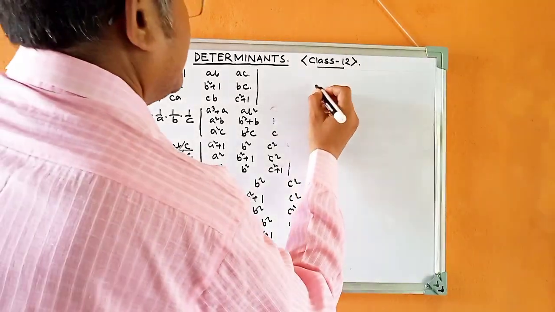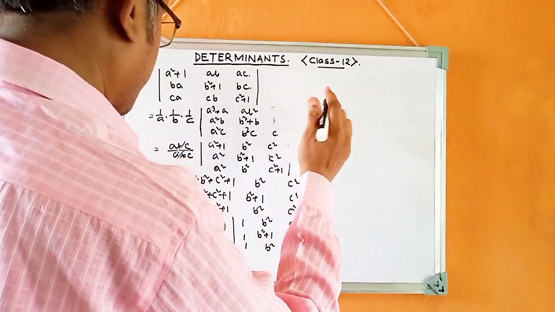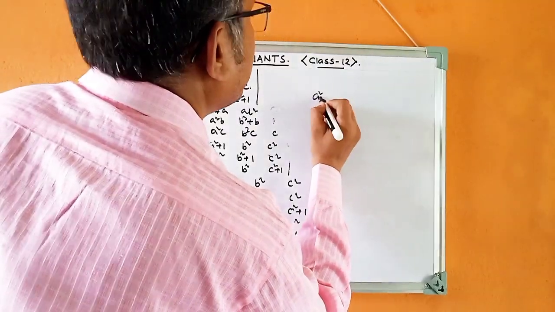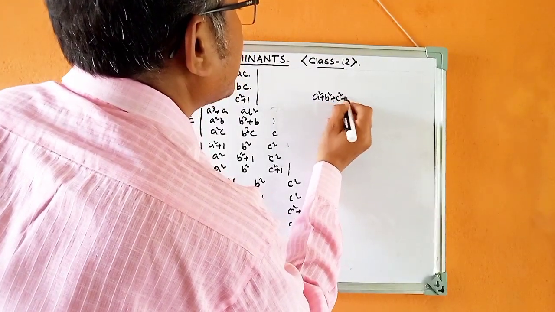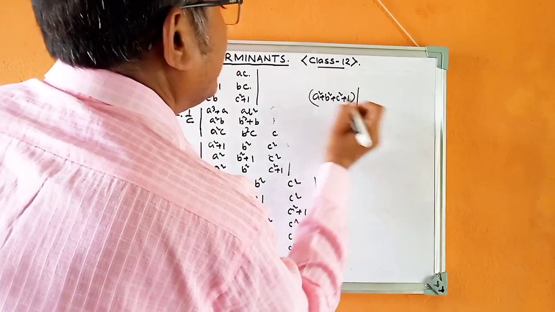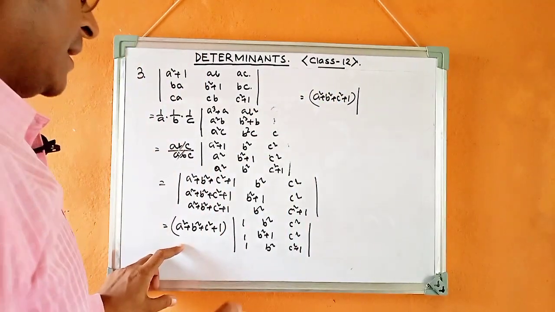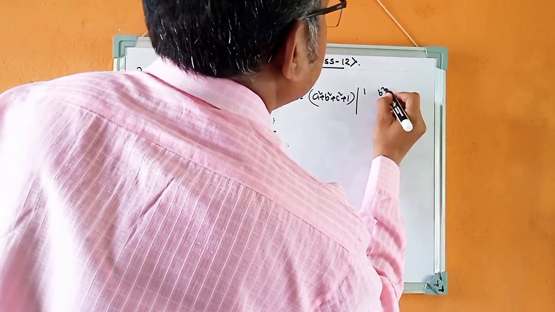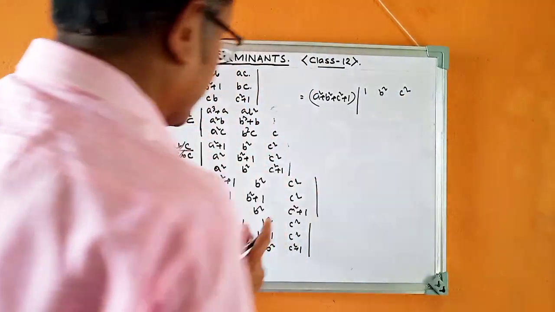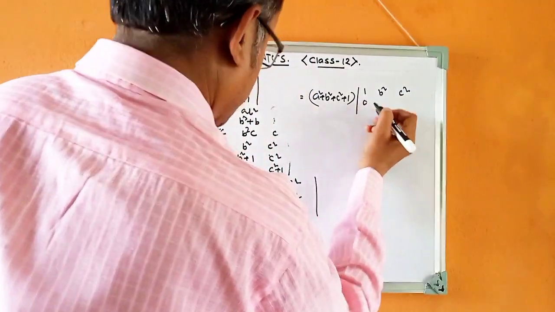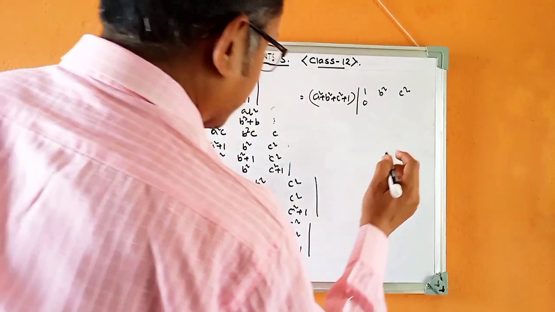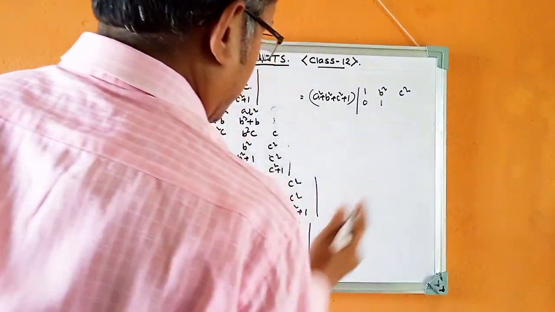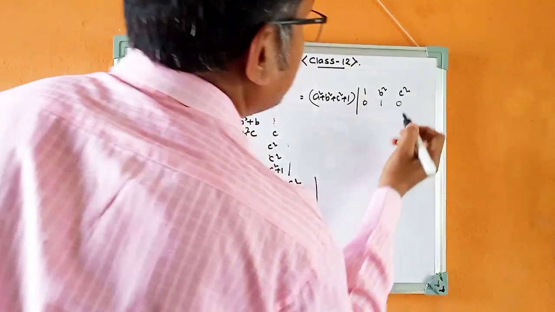See what happened. Row 1 is the same: 1, B square, C square. In row 2, 1 minus 1 is 0, B square plus 1 minus B square is 1, and C square minus C square is 0.